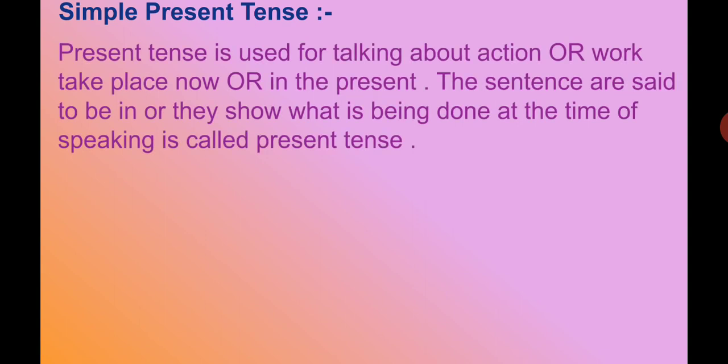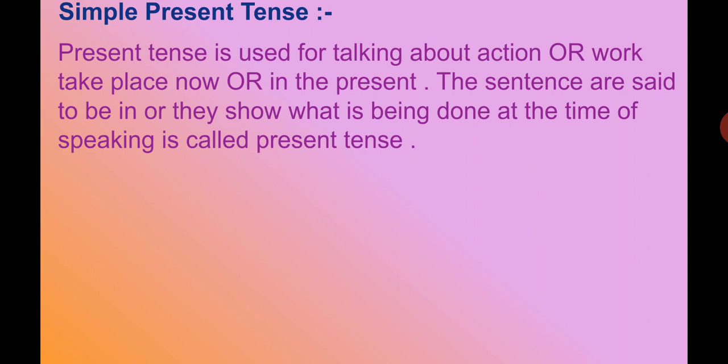Let's see the definition. Present tense is used for talking about the action or work taking place now or in the present. The sentences which show what is being done at the time of speaking are called the present tense. It means that present tense is when some action is going on now.